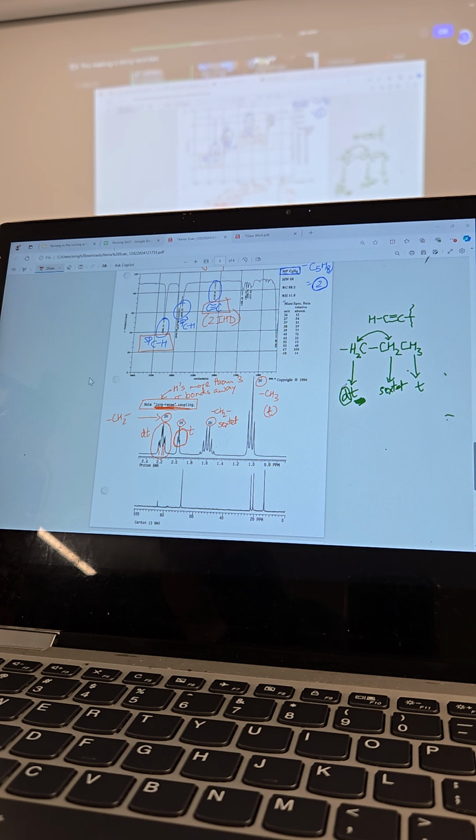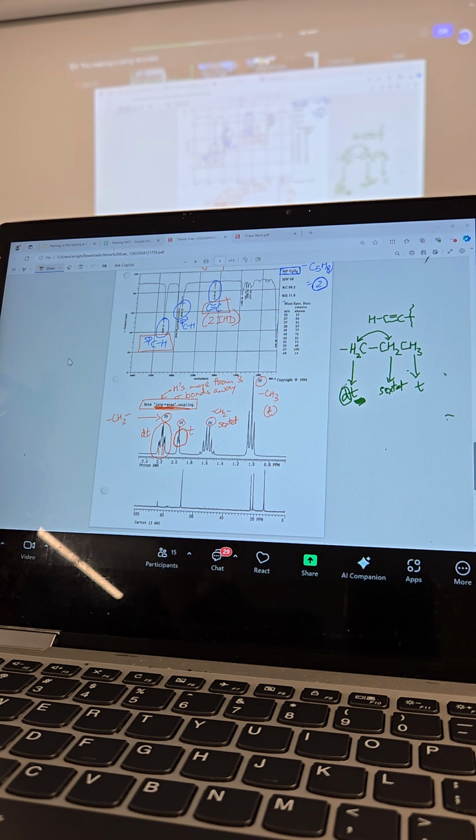How does the doublet happen? Do you have an idea? Is that the long range? Exactly. That is the long range coupling going through the pi bonds of the alkyne, 3 sigma bonds away. Absolutely right.